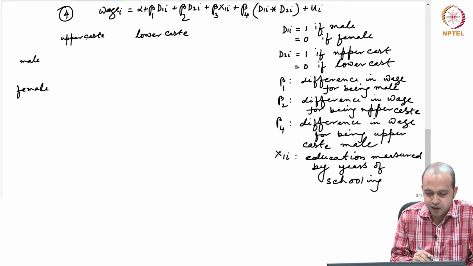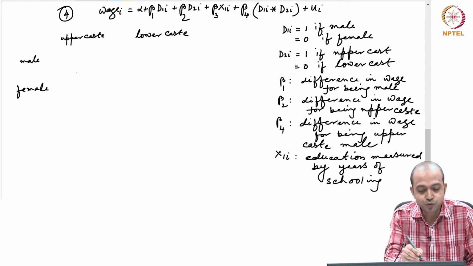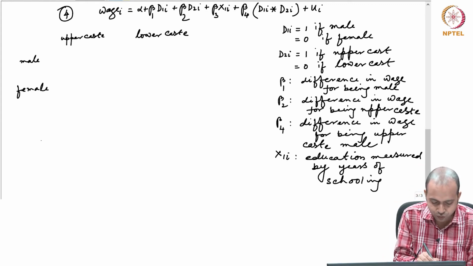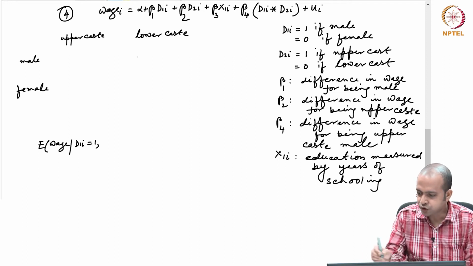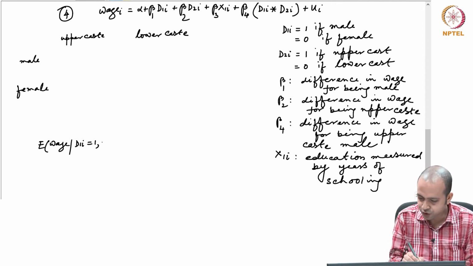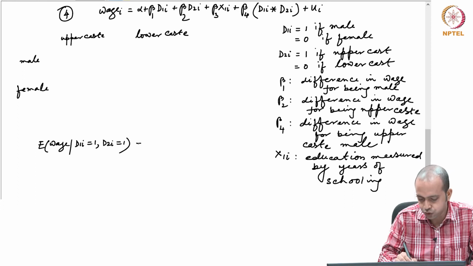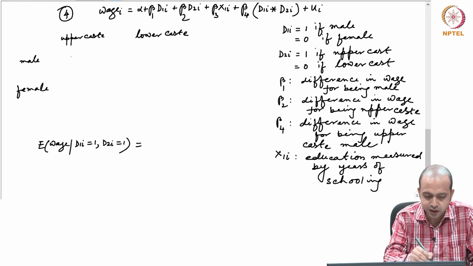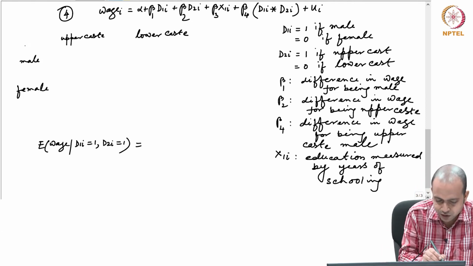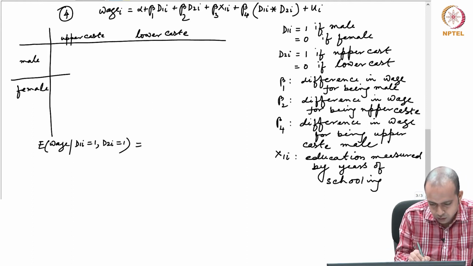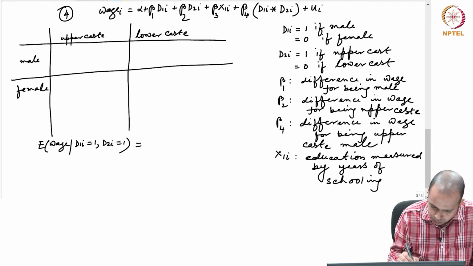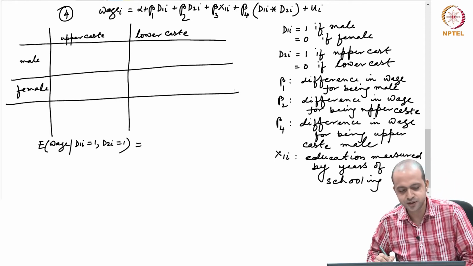Okay. For upper caste and male, what would be the mean salary? You have to take the expectation of wage i, given D1i equals 1, because male is defined that way, and for upper caste you have to get D2i also equals 1.